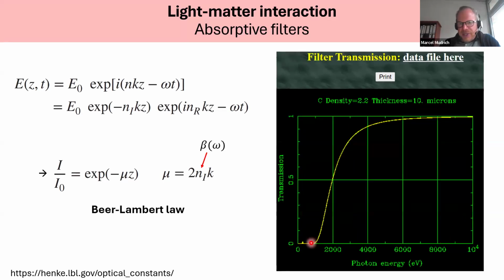But if we extend the range now up to 10 keV, we see this high pass behavior of diamond that we have looked at in the beginning of the presentation, right? Remember, in the beginning we talked about high pass filtering radiation coming out of the undulator to get rid of all the low energy photons and only transmit the hard X-rays if that's what we want.